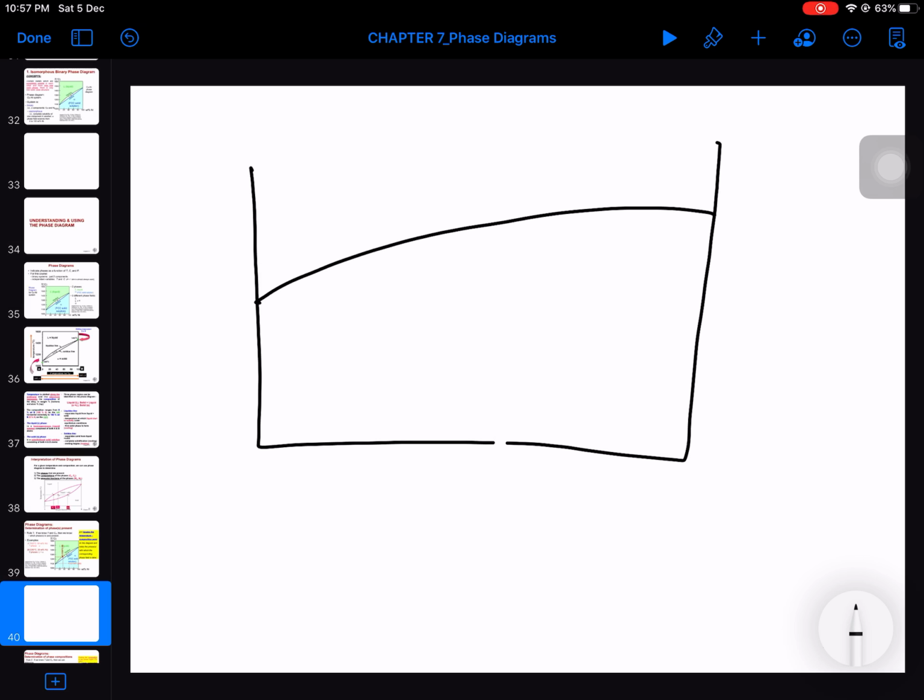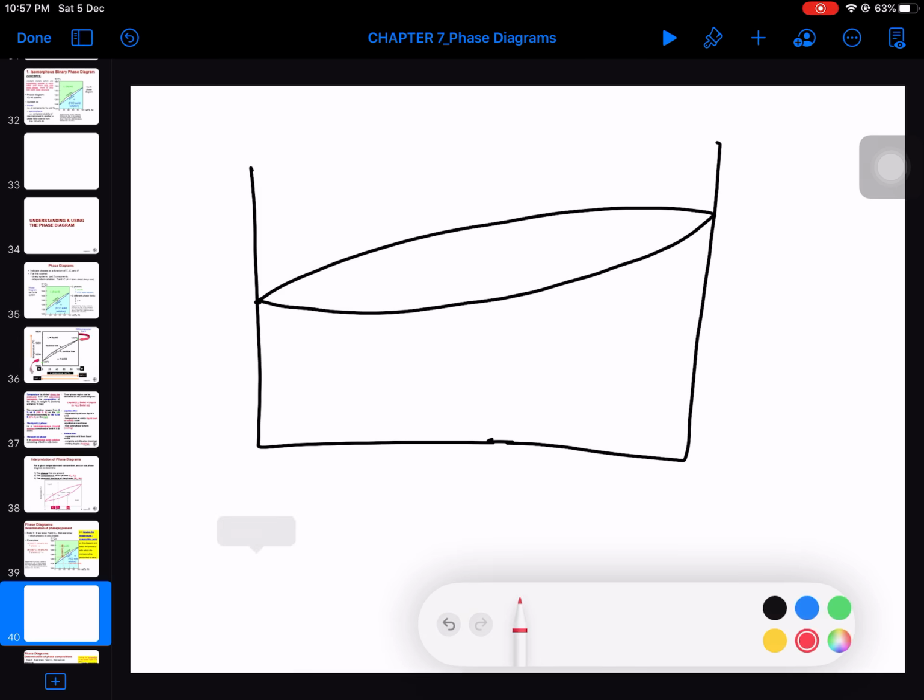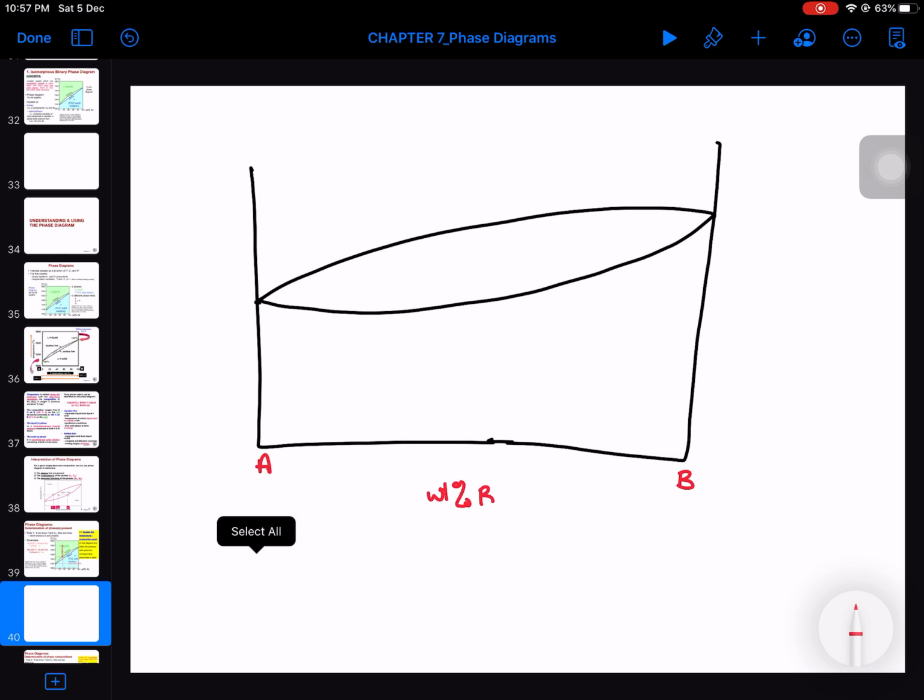This is a horrible drawing, but you'll get the point. Let's do it again. This is A and this is B, in weight percentage of B.